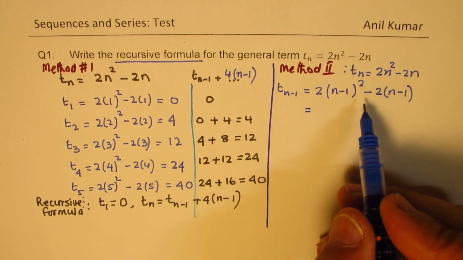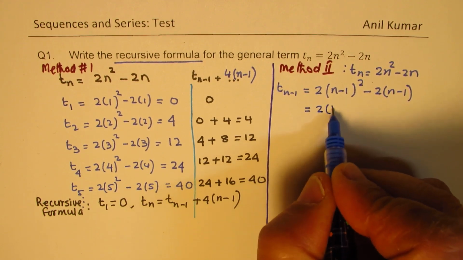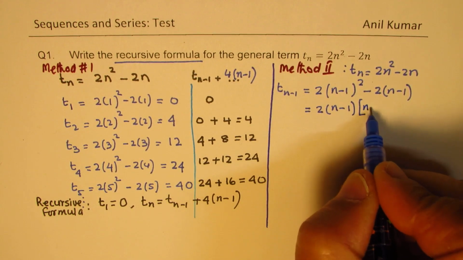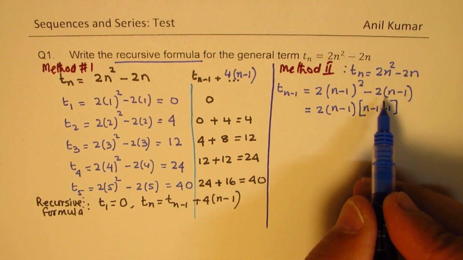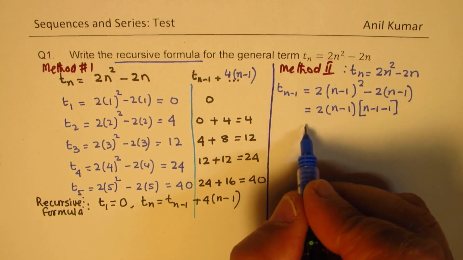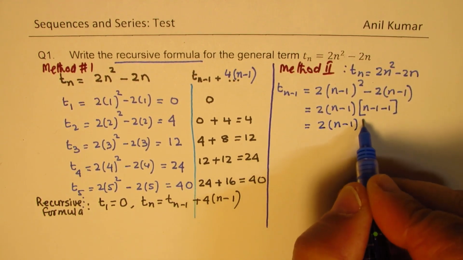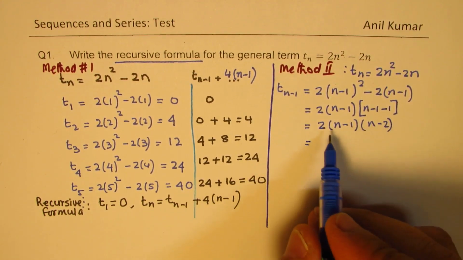So now, basically we have 2 times n minus 1, and if I take within the bracket, I get n minus 1, and this is minus 1, correct? Because we have taken 2 times n minus 1 in the bracket. So we get 2 times n minus 1 times n minus 2. Anyway, we have to expand. So let us expand.